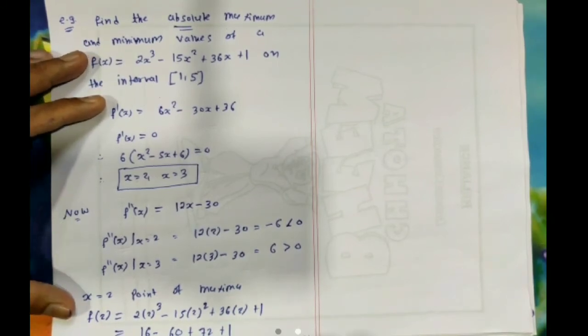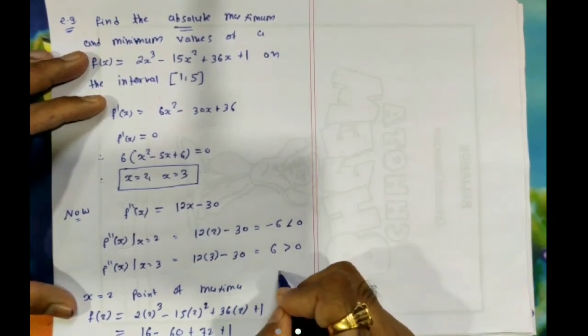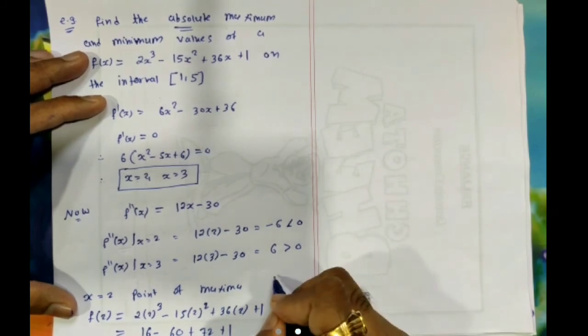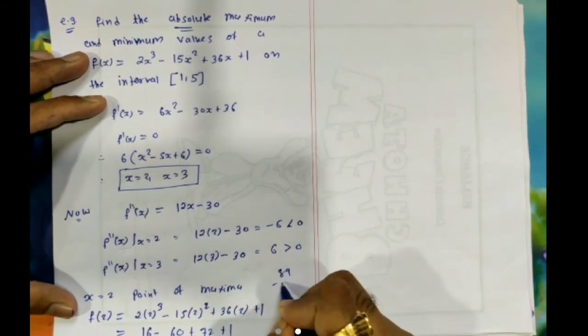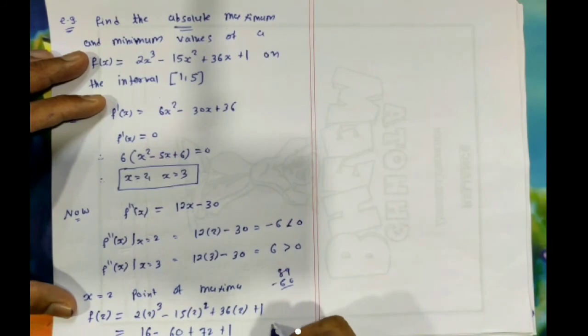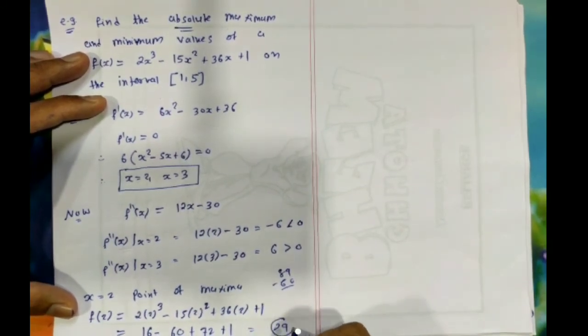So this will be 89 minus 60, 29. So f of 2 is 29.